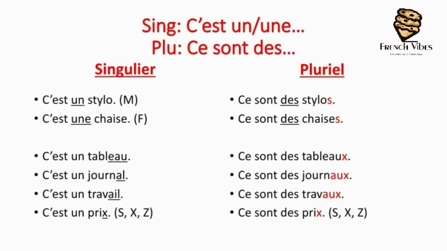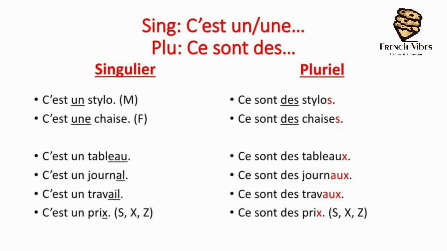And then the last exceptional form, if a term ends with s, x or z, it remains as it is even in its plural version. For example, c'est un prix. It means it is a prize. So, prix here ends with x. In its plural form, the term prix will remain as it is. So, it will become ce sont des prix.